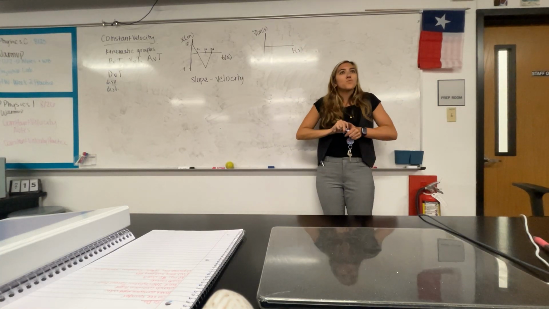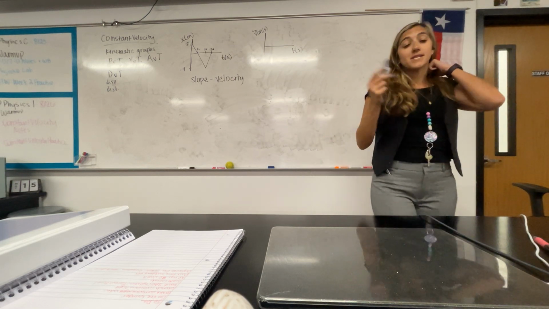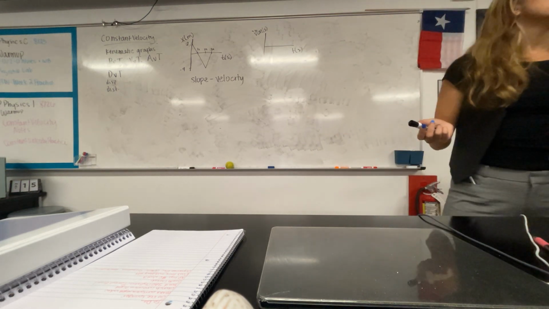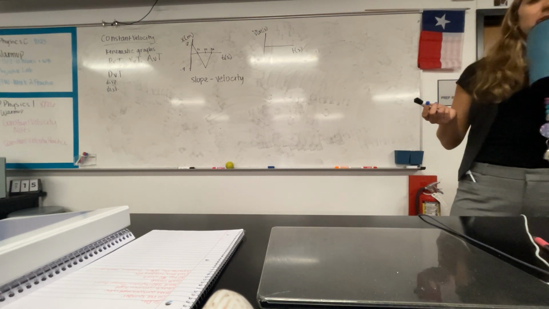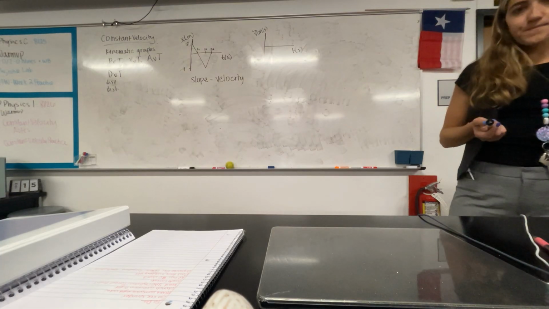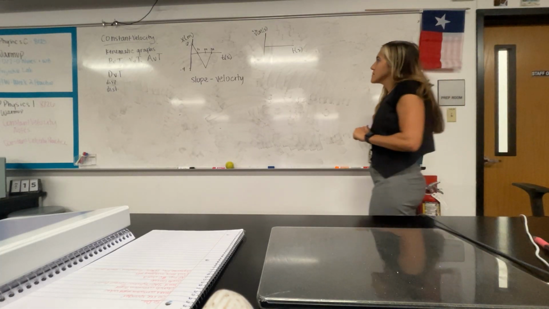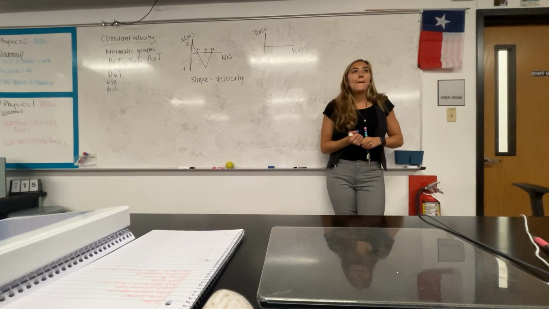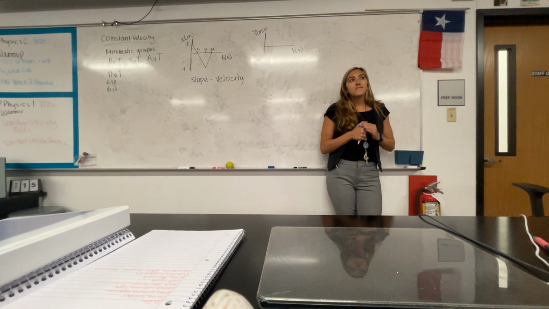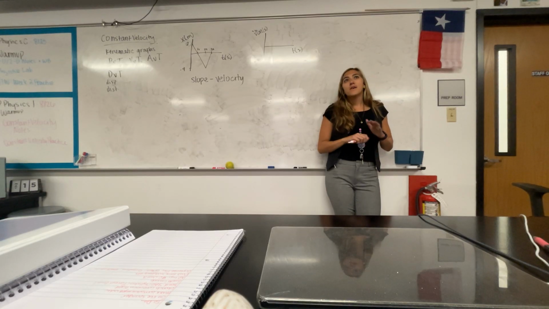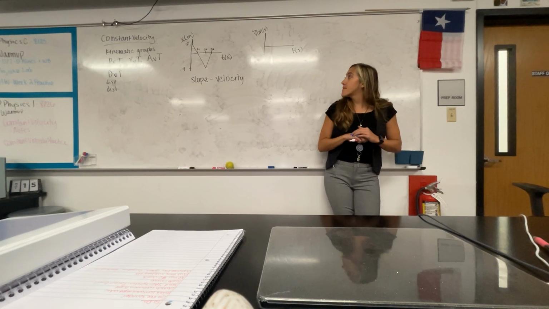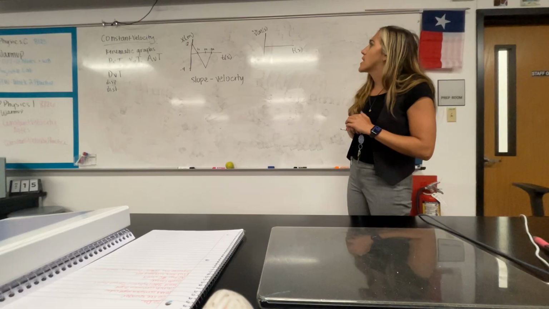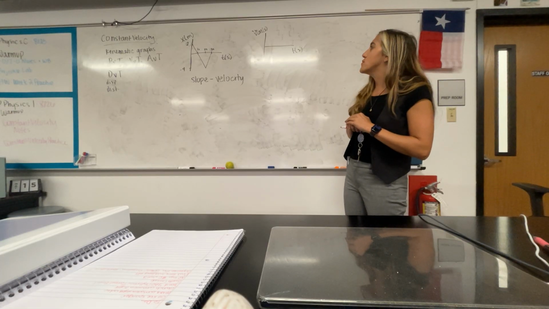We just discussed what the velocity is for the entire graph. So what should the velocity time graph look like? I have a negative constant velocity for the first 2 seconds.